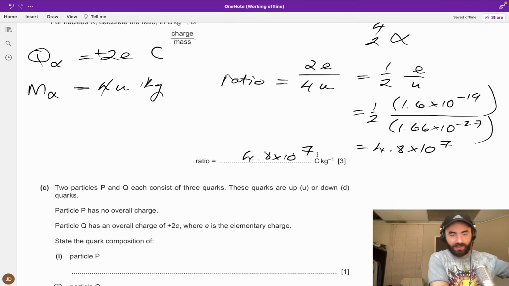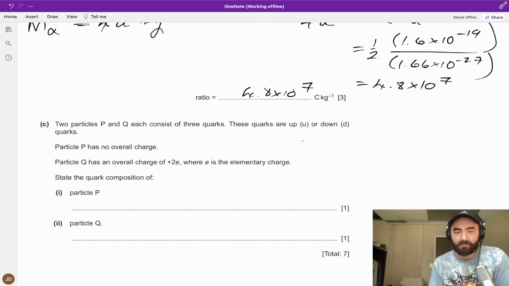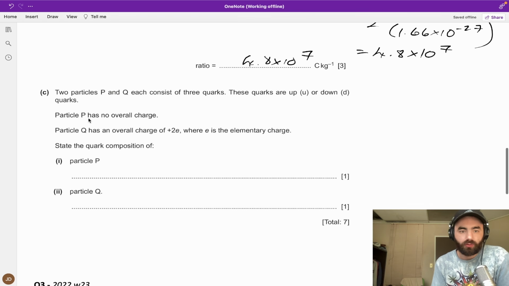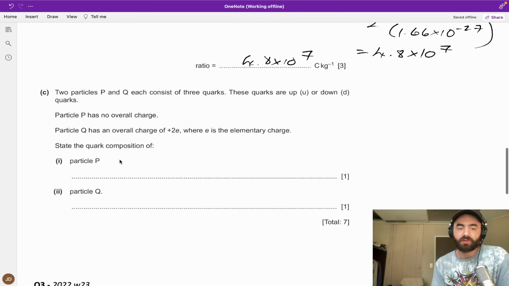Two particles P and Q consist of three quarks. These quarks are up or down quarks. The particle P has no overall charge, and the particle Q has an overall charge of plus 2e. Okay, so what is the quark composition of these things?